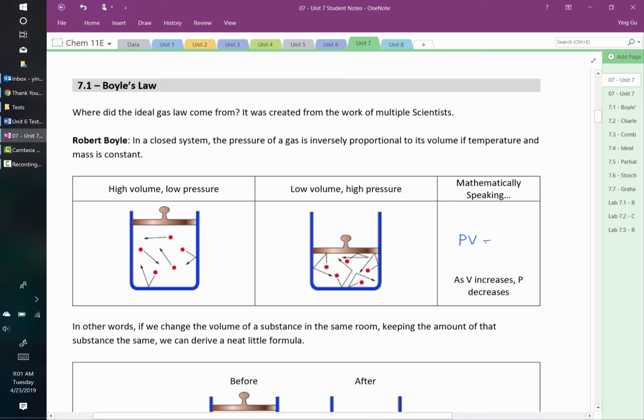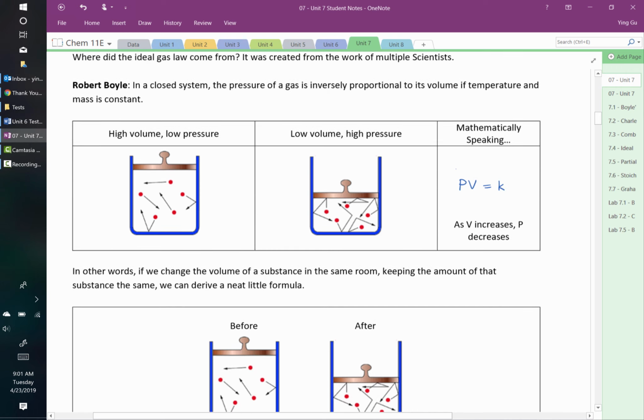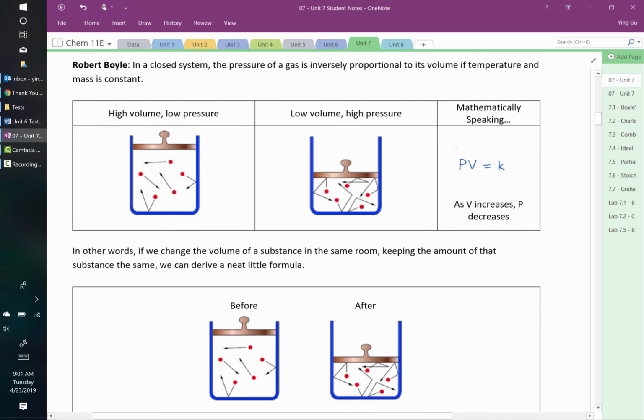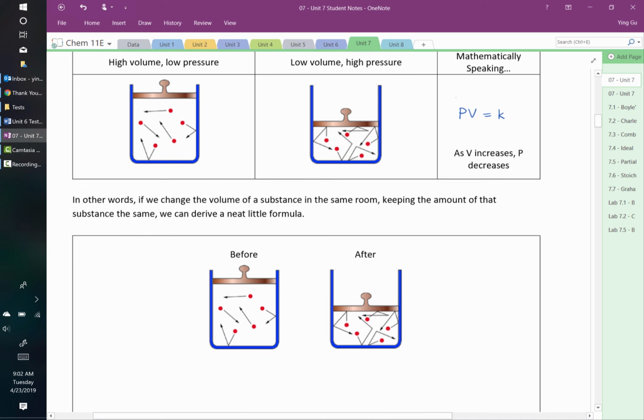Okay, PV is equal to some constant. We will deal with what that constant is in another lesson. Now, this formula is quite handy because it allows us to examine a system, a container filled with some amount of gas. It allows us to examine that system before and after a change, whether it is in pressure or in volume.